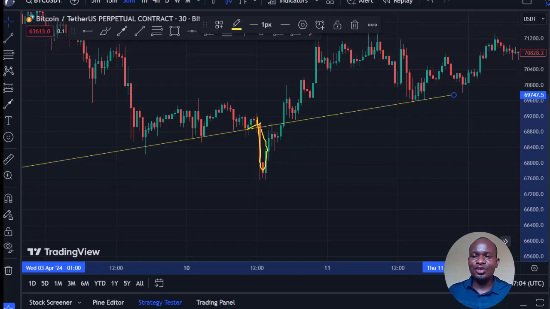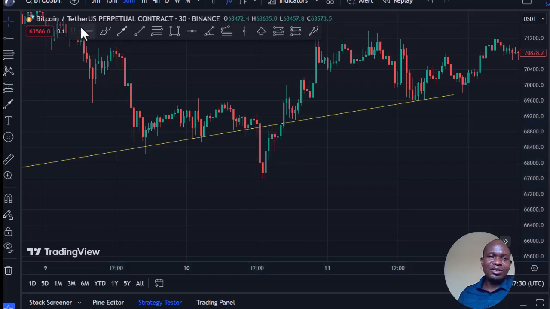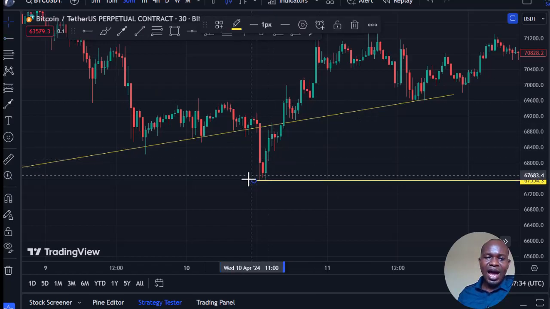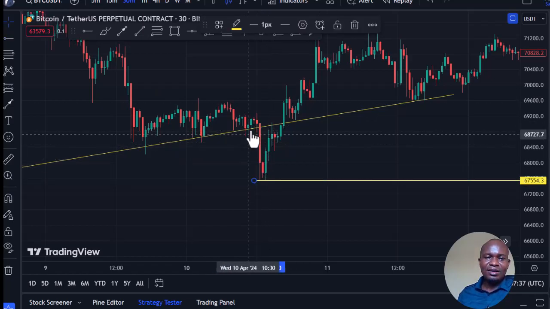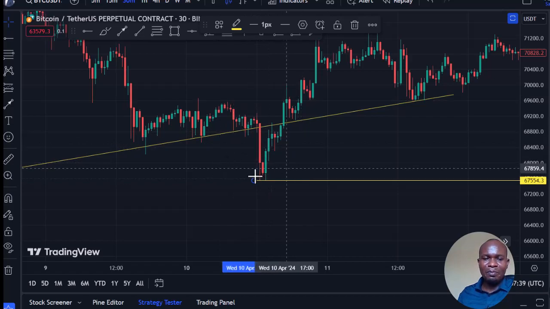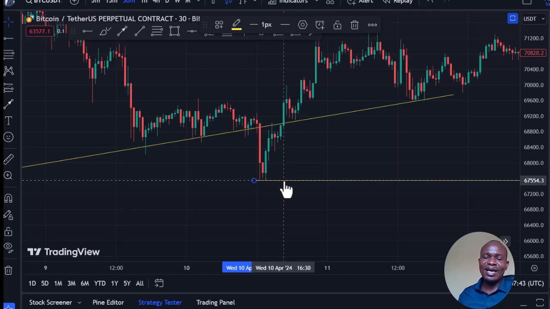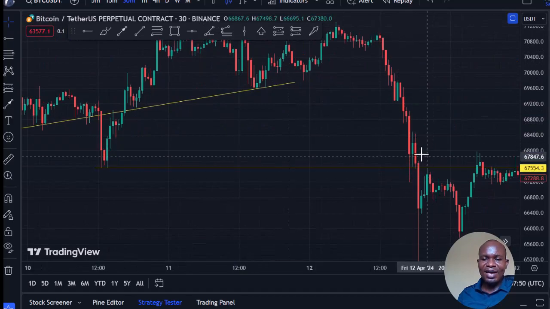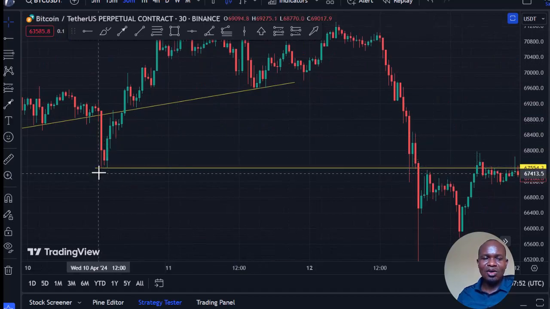So that gives us the first signal that the market momentum has changed. So the first thing you need to do once this happens, put a horizontal ray line at the end of this bearish candle. So we put a horizontal ray, and we are waiting until the market breaks below this. All right, so if you go out there, you see exactly the market closes below this horizontal.